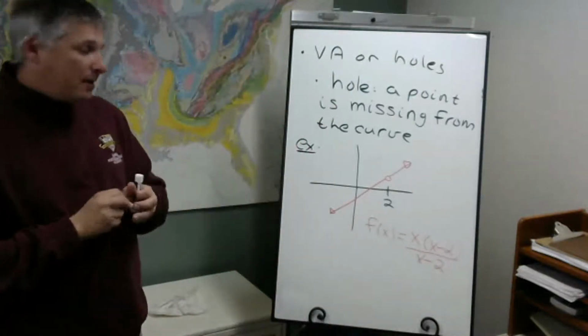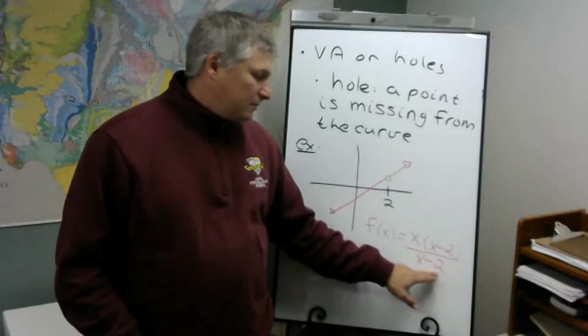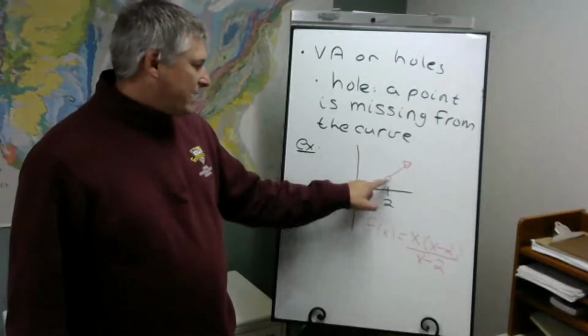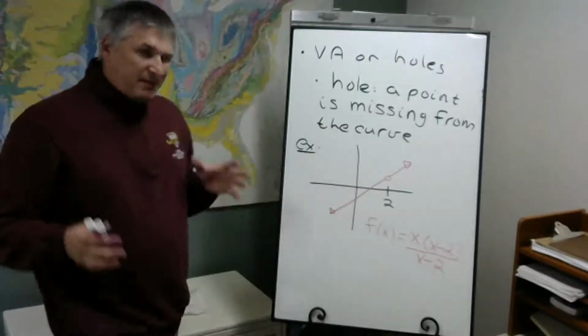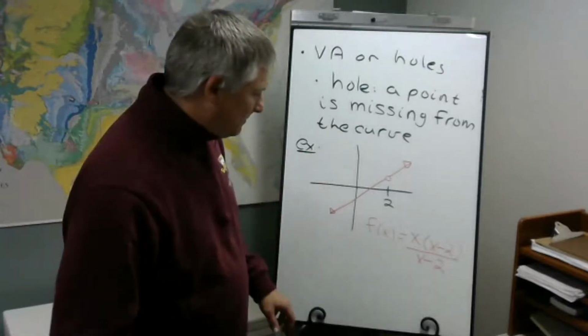So if we look at the denominator, if x is equal to 2, you get 2 minus 2. Well, that's 0, and that means you get division by 0. So at 2, we have a division by 0. But this is where you get a hole instead of a vertical asymptote.